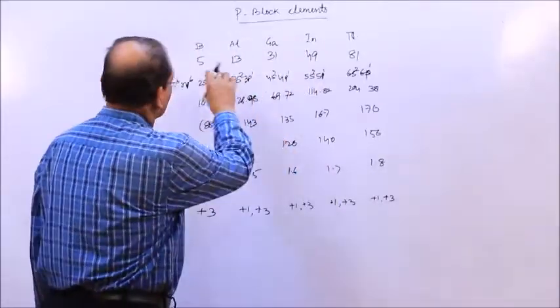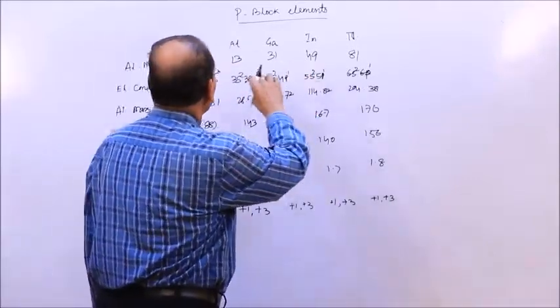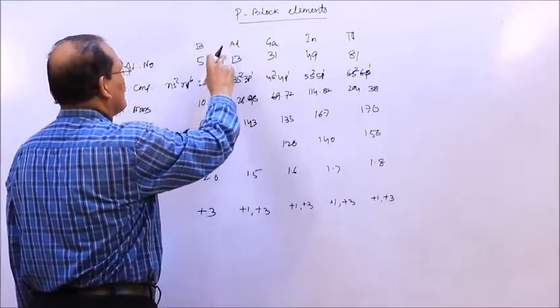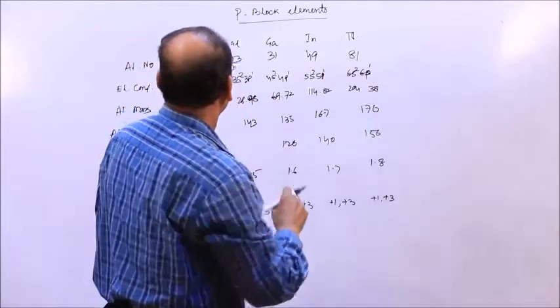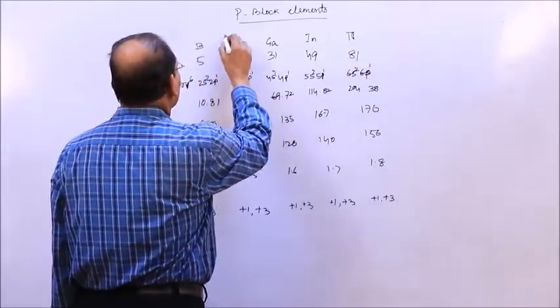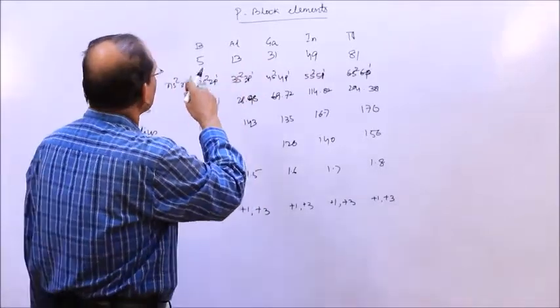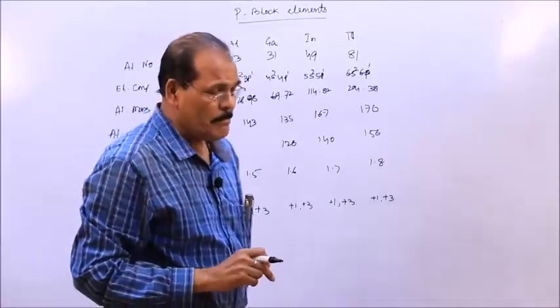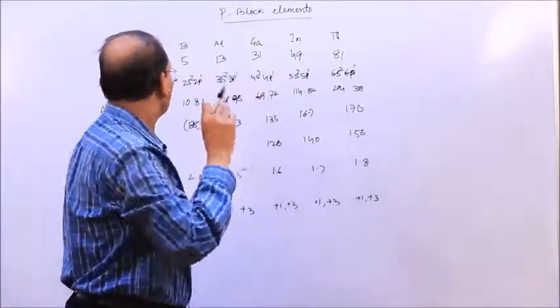Aluminum sometimes has reactions that resemble some reactions of boron. So that is why it is a bridge element between non-metal and metal properties.